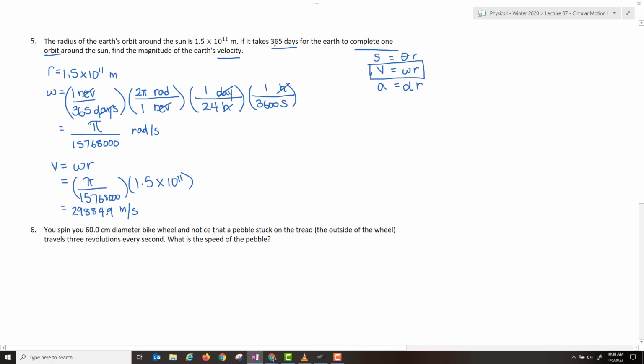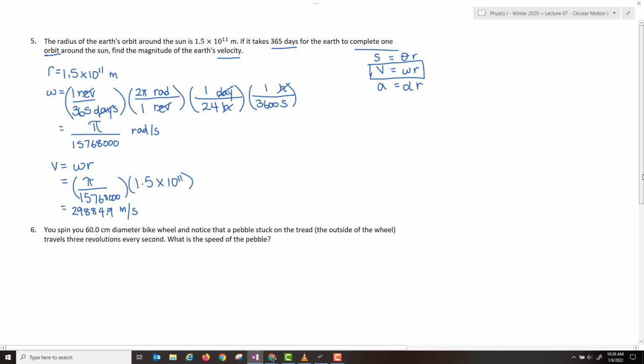It says it takes 365 days to complete 1 revolution. So we use that to find our omega, 1 revolution per 365 days. And then we just had to change the units from revolutions per day to radians per second. Then we just use that conversion equation to go from the angular velocity to the linear velocity using the radius that they gave us.